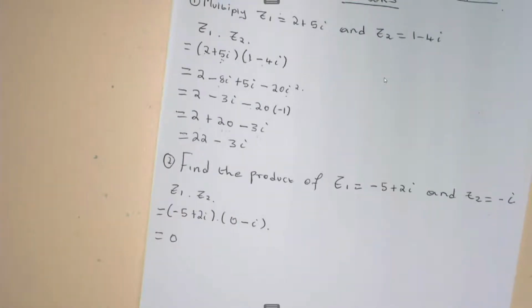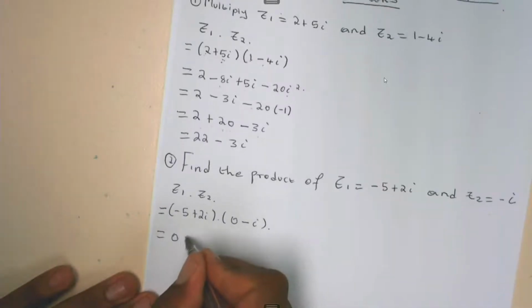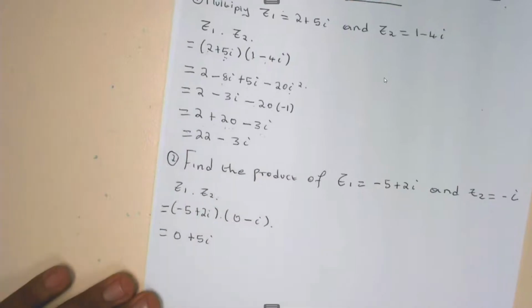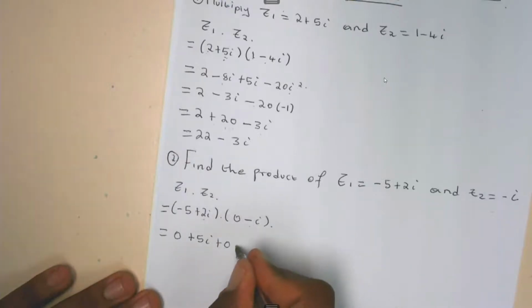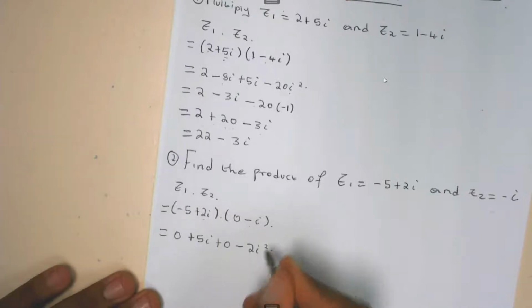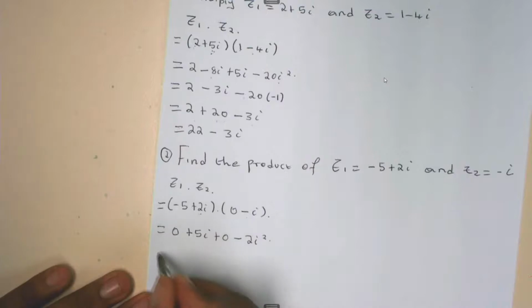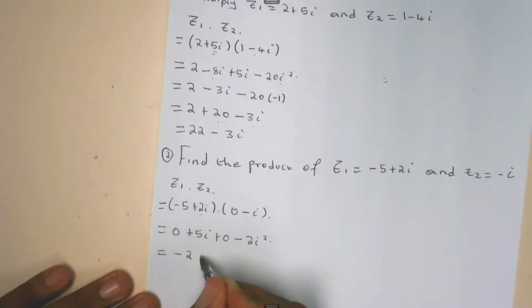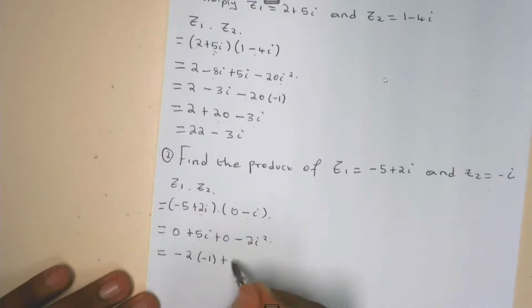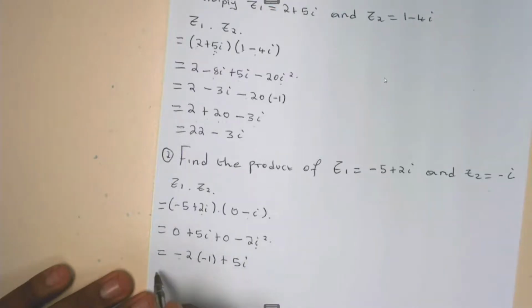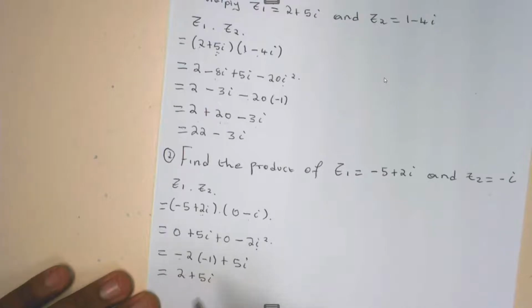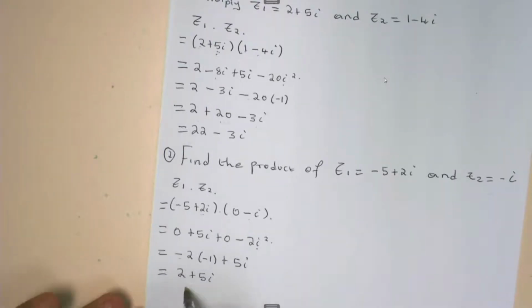Minus 5 multiplied by minus i will have positive 5i. 2i multiplied by 0 will be 0. 2i multiplied by negative i will give us negative 2i squared. So we have negative 2 into negative 1 plus 5i. Remember, i squared is equivalent to minus 1. That will give us positive 2 plus 5i. That is our final answer.